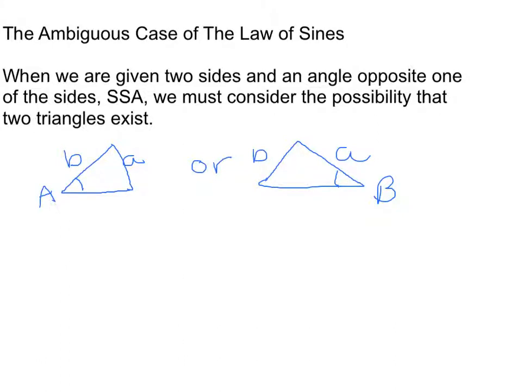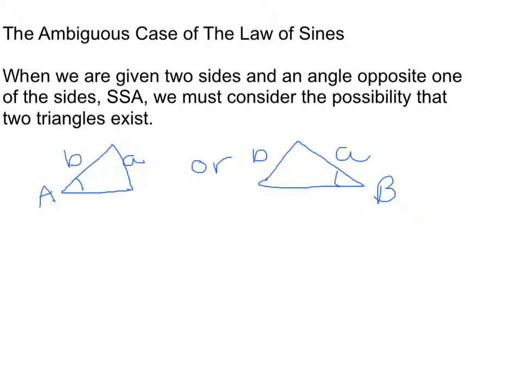This video investigates the ambiguous case of the law of sines. We may have two possible triangles whenever we're given two sides of a triangle and an angle opposite a side. In other words, we're not given an angle inside of those two given sides. We're given an angle outside of the two sides.